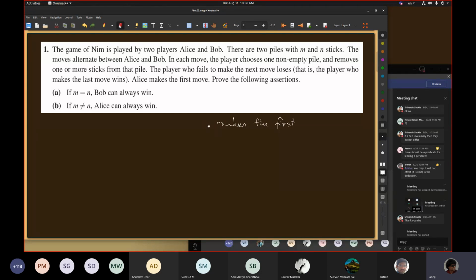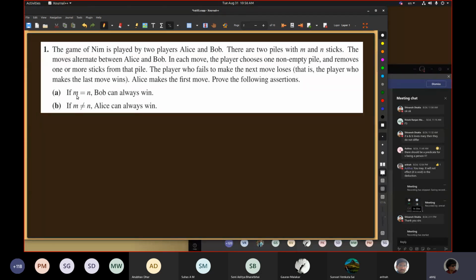Alice makes the first move. Then, what do these assertions say? The first assertion says that if M is equal to N, that is both the piles have the same number of sticks, then if Bob plays optimally, I mean intelligently, he can always win. Whereas if M is not equal to N, Alice, if she plays intelligently or optimally, can always win.